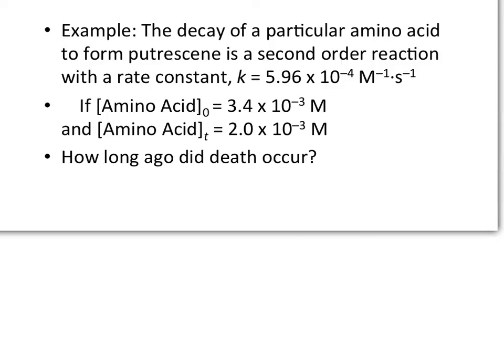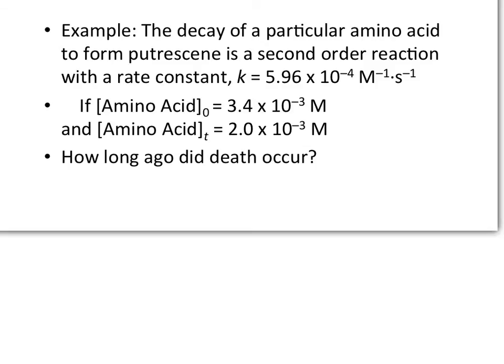And if your original amino acid concentration is given, and at some time you've determined the amino acid concentration, then we can calculate how long ago did death occur. Or if you like, how long did it take for this concentration to decay down to this concentration.